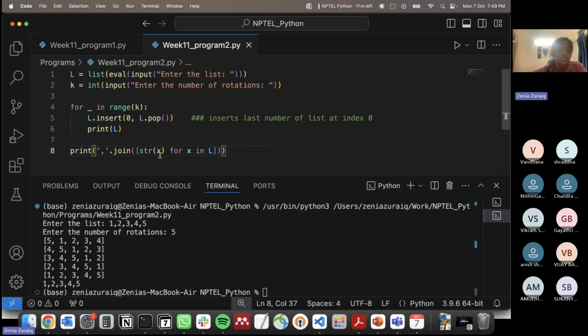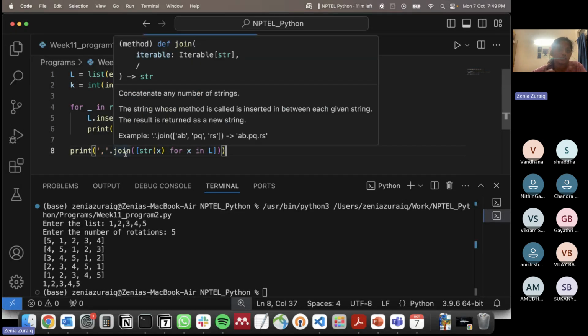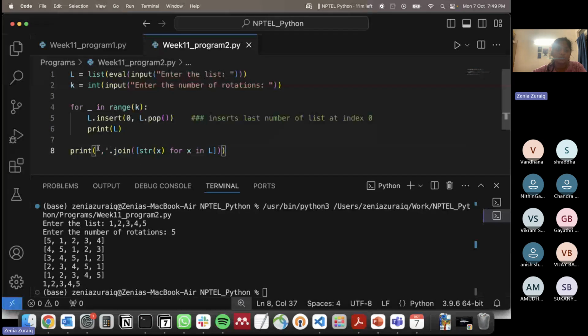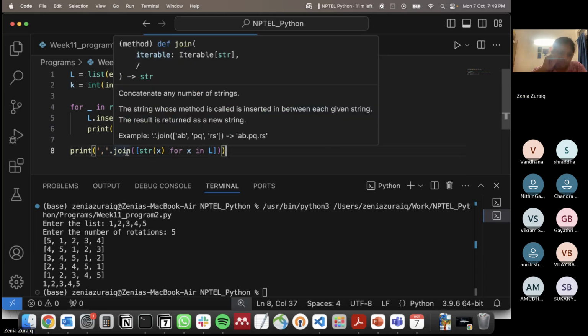For every x, it takes x and then prints it along with a comma. Join is a way to concatenate any number of strings. So with a comma, it joins all the elements of the list. For all x in the list, it takes x and then adds a comma. That's what has happened.